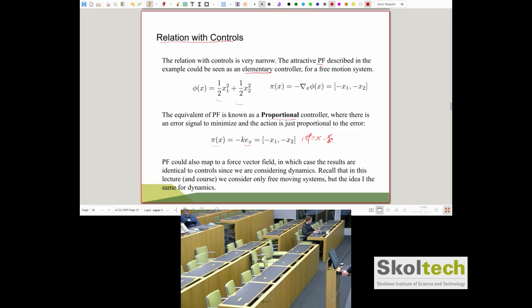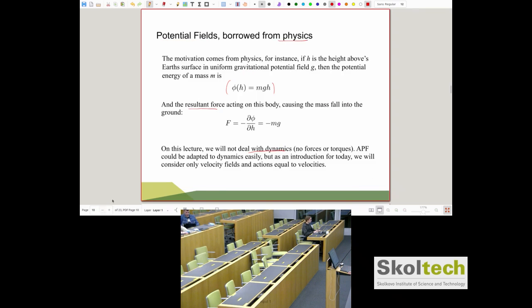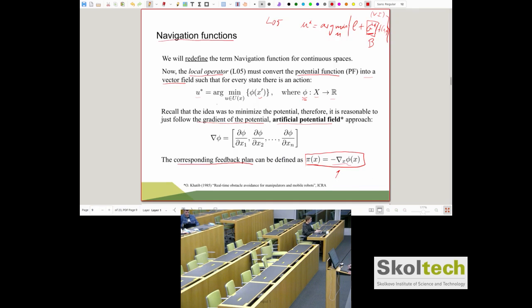So we get the same action from controls, and we get the same action if we define this potential field and follow it. Remember that this is justified because we are minimizing this operator. Locally, what we are doing is always looking for the best direction that we should be taking if we want to minimize this function.